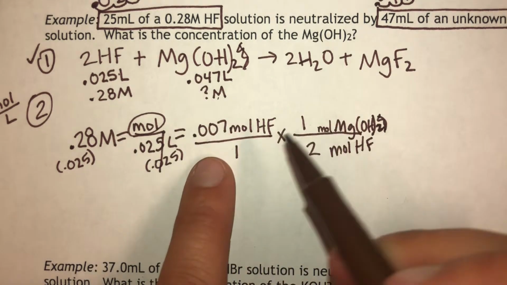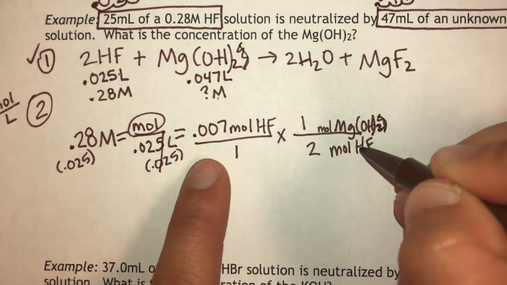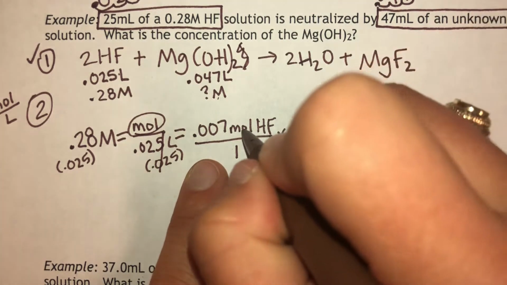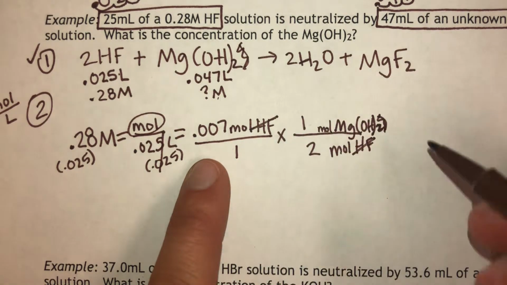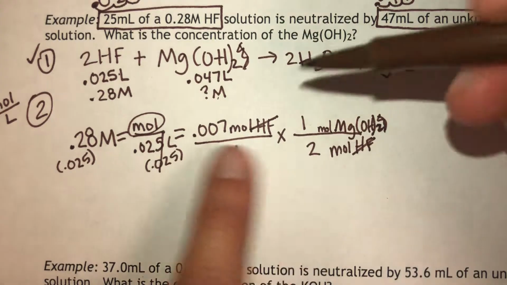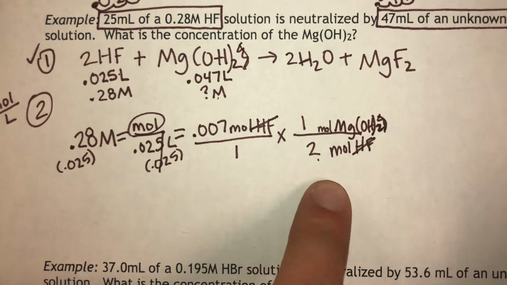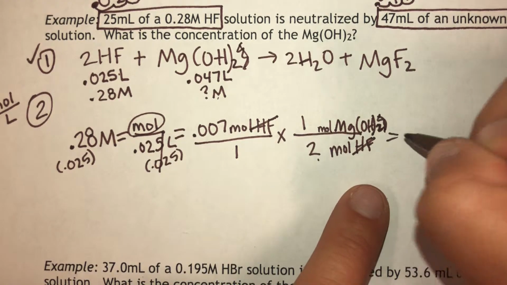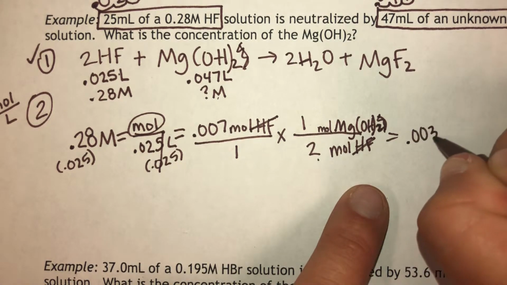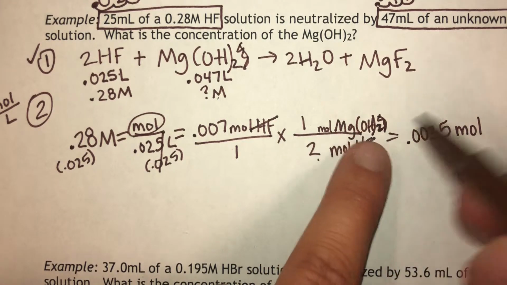And then we'll divide, because our number is on top and then our other number is on the bottom. This also allows our HFs to cancel out and leaves us with MgOH2, which is what we want to go to. So when we divide these out, we should get 0.0035 moles of MgOH2.